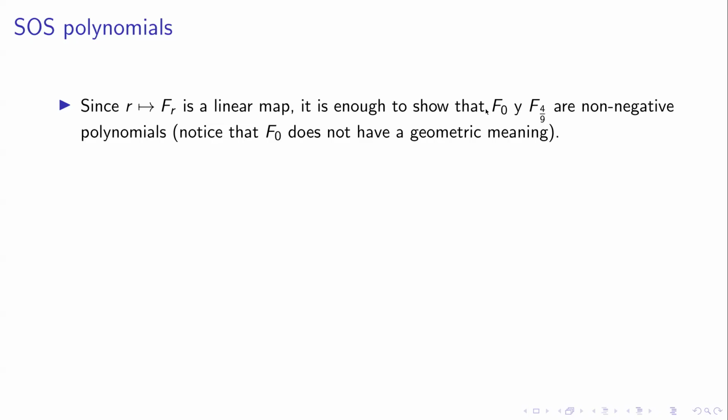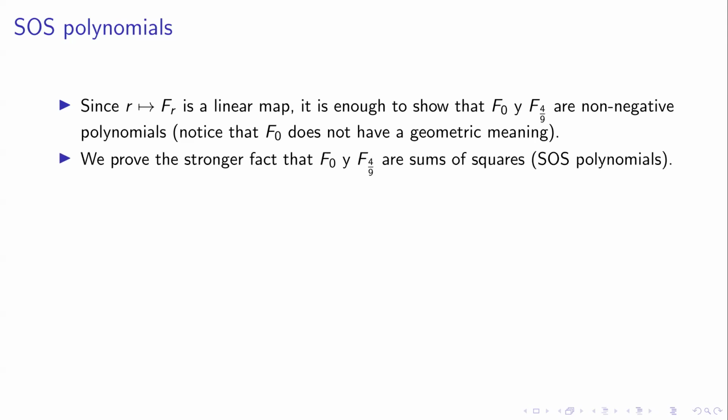What happens is that the metric degenerates when R equals 0. But if we prove that these two are non-negative, we are done. So instead of proving only non-negativity, we will prove the stronger fact that these polynomials are SOS polynomials, that is, polynomials that are sums of squared polynomials.